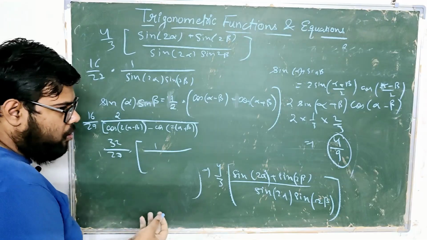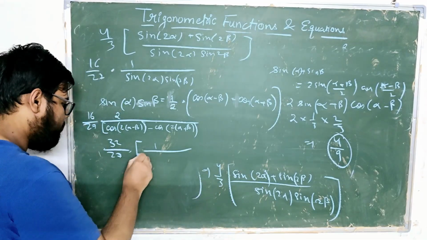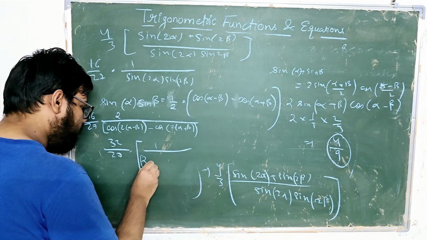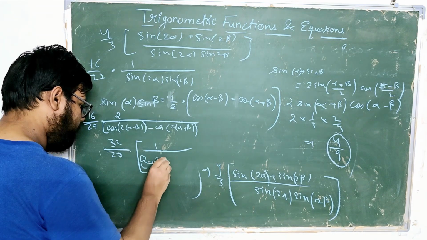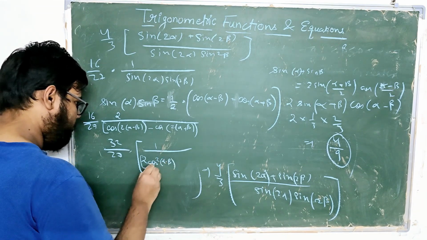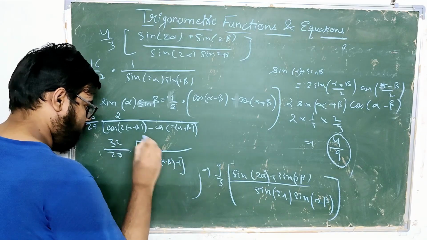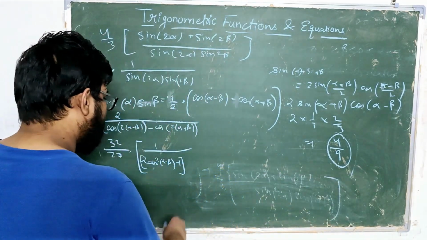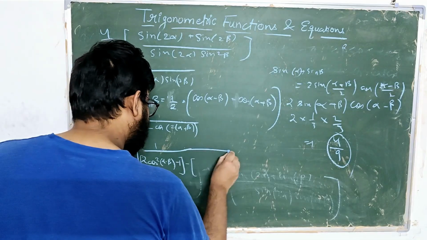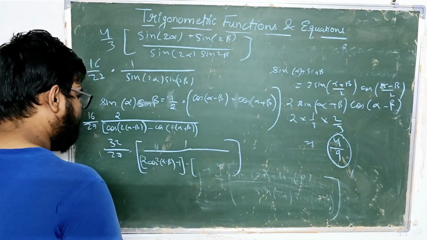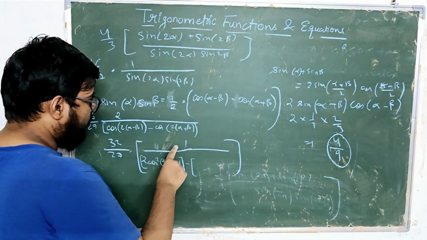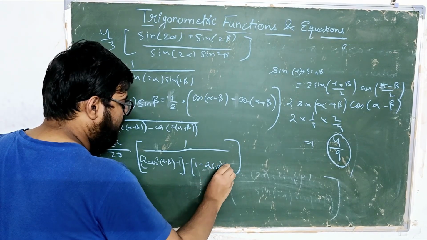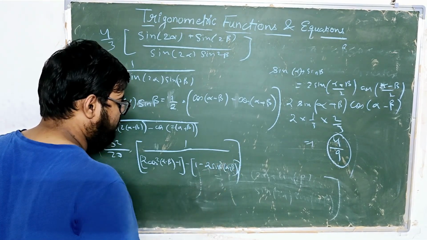So we can write it in terms of cos theta: 2 cos square minus 1, minus (1 minus 2 sine square of alpha plus beta).